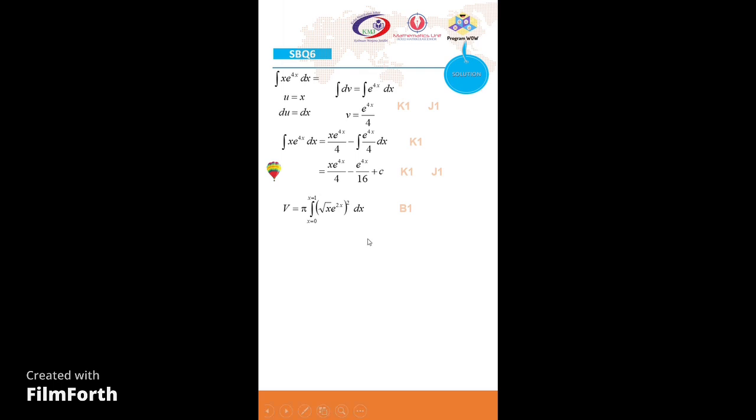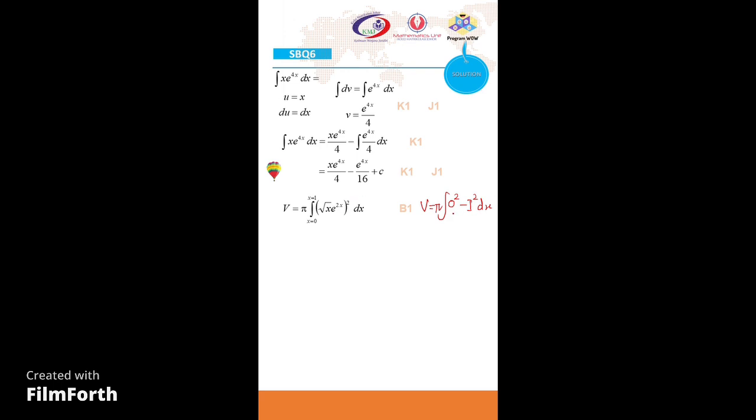To find the volume, you need to use the formula for the volume, which is pi times the integral of outer function squared minus inner function squared.